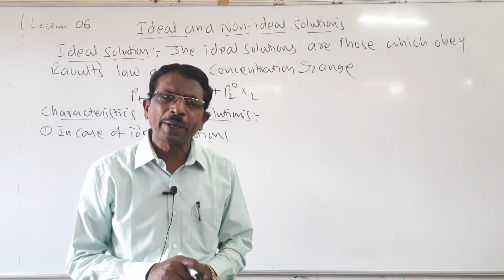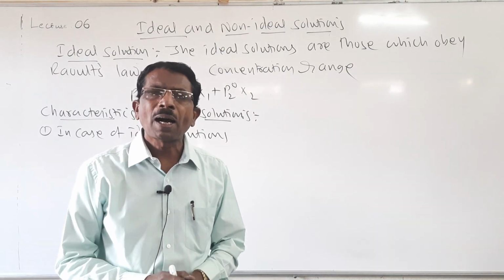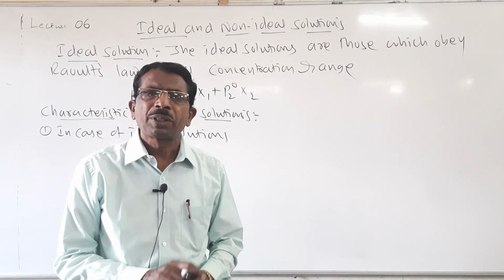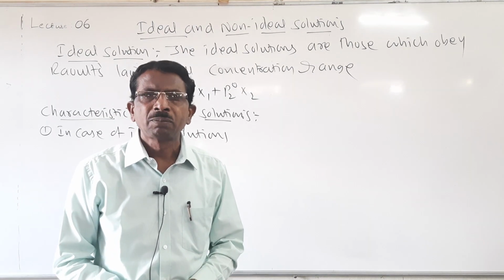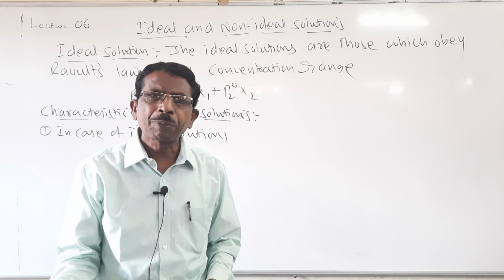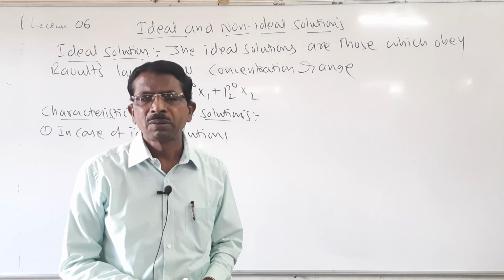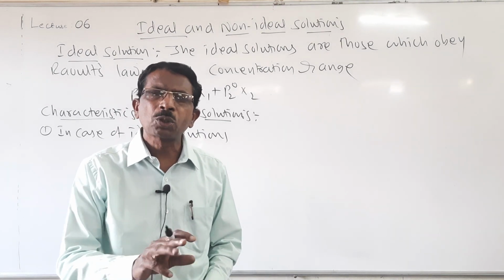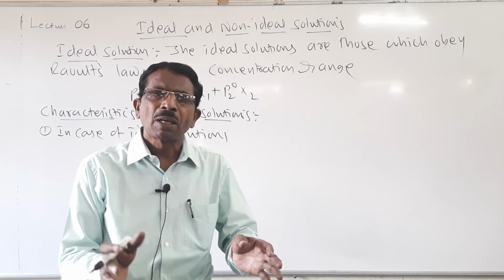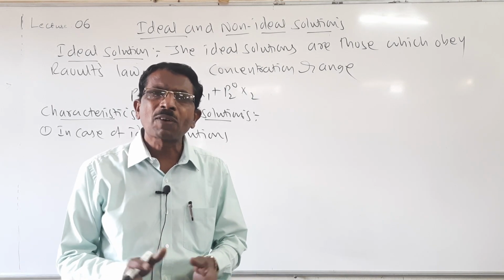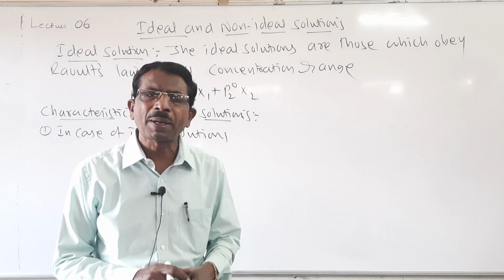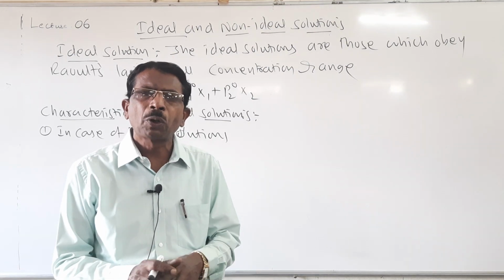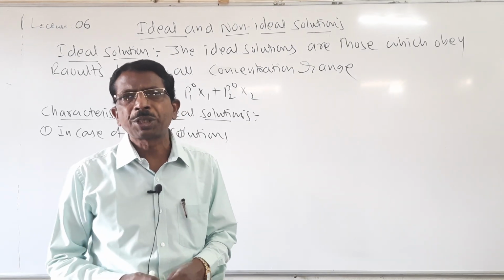when two components A and B are mixed, there is no change in enthalpy. Heat is neither absorbed nor evolved. Second point, there is no change in volume, means when 100 ml of component A is mixed with 100 ml of component B, there is no change in volume.